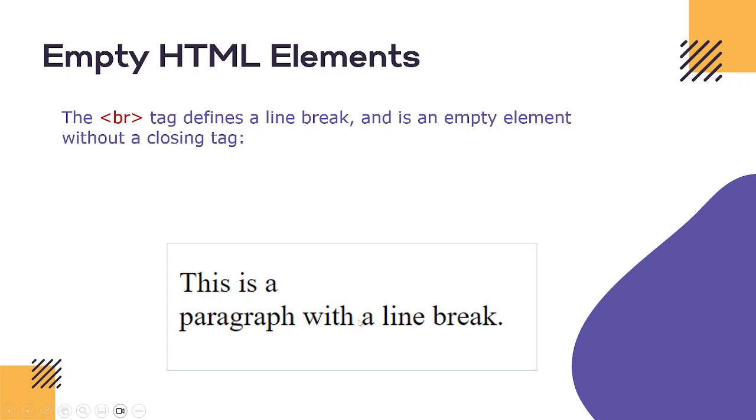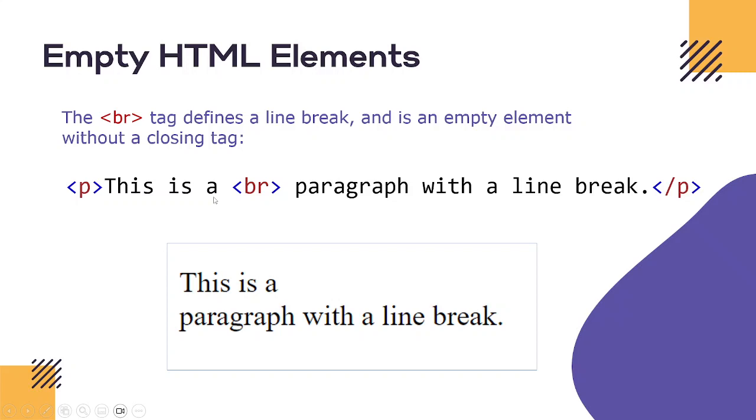So this is a paragraph, then BR, with a line break. That's why may space pa dito, then it proceeds na nakarap yung text ay paragraph natin because may BR dito sa gitna.